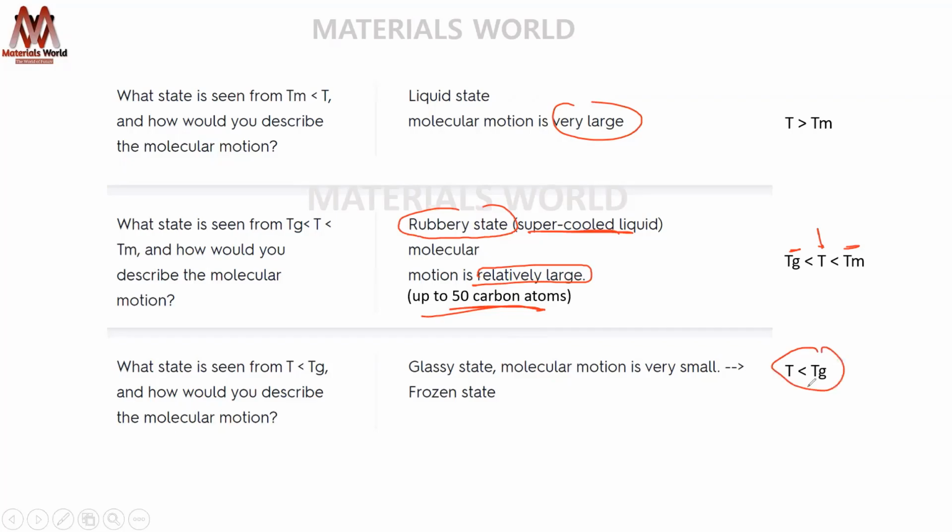When your temperature is less than Tg, the polymer is in the glassy state, and molecular motion will be very small or frozen. Now you can relate the molecular motion and the state, whether glassy, rubbery or liquid, depending on whether your temperature is near Tg, above Tg or above Tm. These things are clear from here.